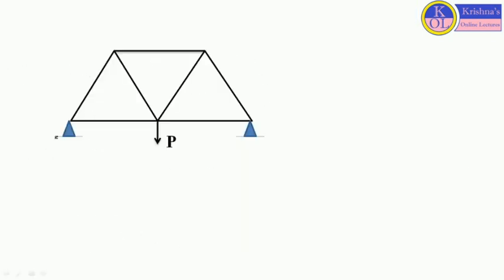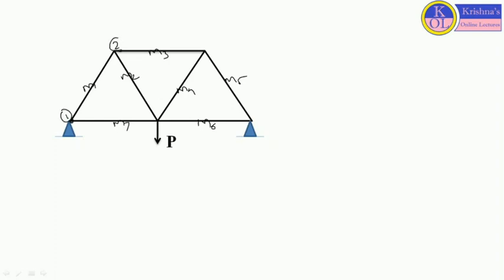Let us consider this example. With the help of this example, I'm going to define roller support and hinge support. So here we have a number of members. So M1, M2, M3, M4, M5. So here we have 7 members, and accordingly we will define joints.